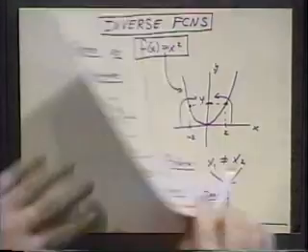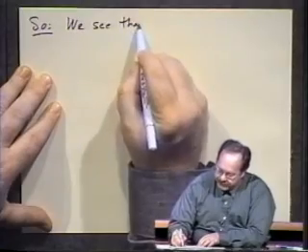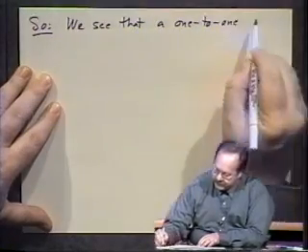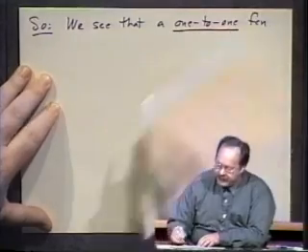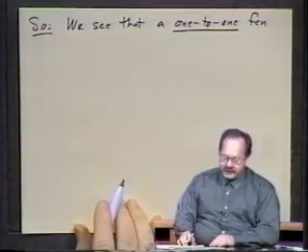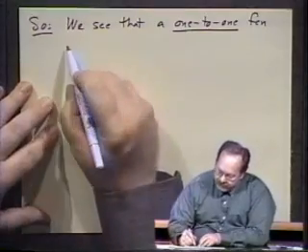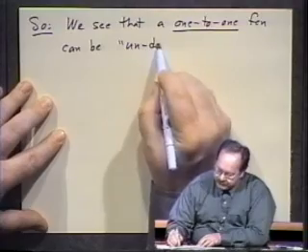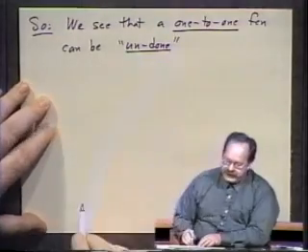A one-to-one function doesn't have that. So we see that a one-to-one function, which doesn't have any of the problems of non-reversibility we saw before, can be what we might say is undone. It can be undone.